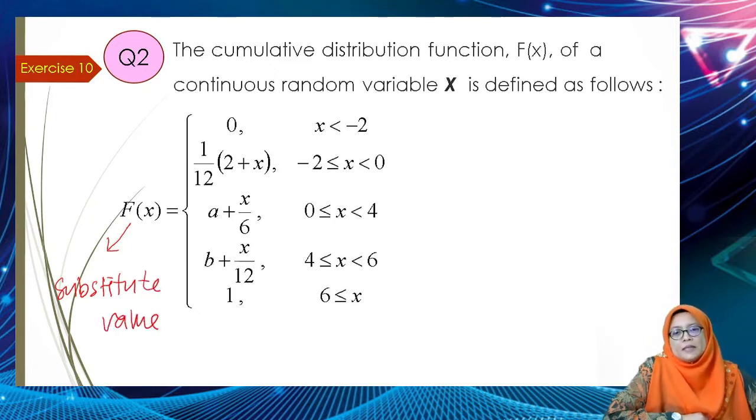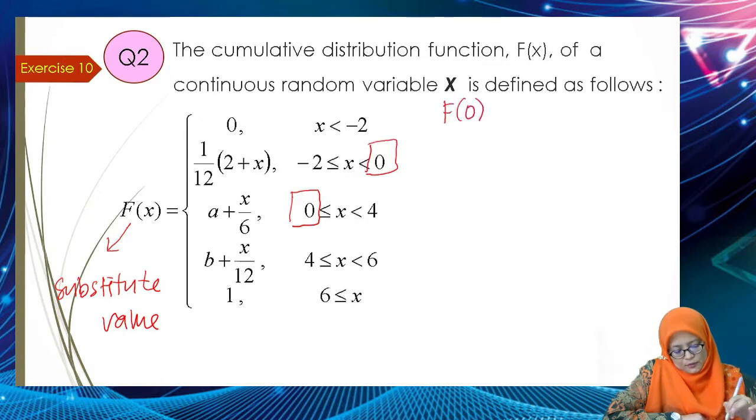Okay, macam mana nak substitute value? Okay, kita tengok daripada interval kita a kita dekat sini. So kita nak cari. Okay, so based on this interval, kita akan compare untuk nilai x equal to 0. So kita ambil untuk x0. Okay, so untuk x0 for the first interval kita ada 1 over 12.